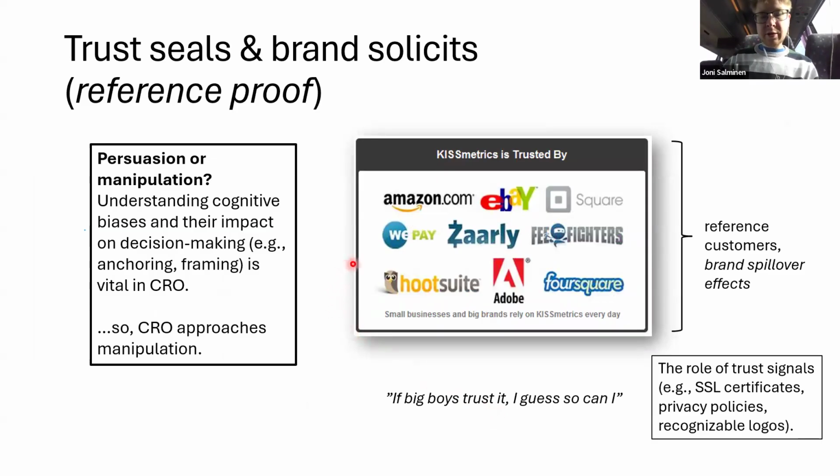And then trust seals. Again, people might have uncertainty and fear. So if you have references, especially for big purchases and especially for B2B, business to business transactions, references play a very big role.